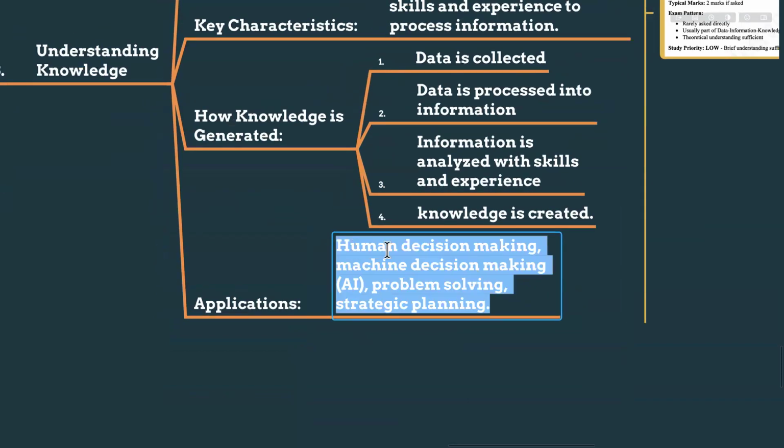as well as how this knowledge is applied nowadays. We are applying the knowledge in human decision making, as well as machine decision making, artificial intelligence. Why? Because the AI has billions of parameters. It means billions of pieces of information.